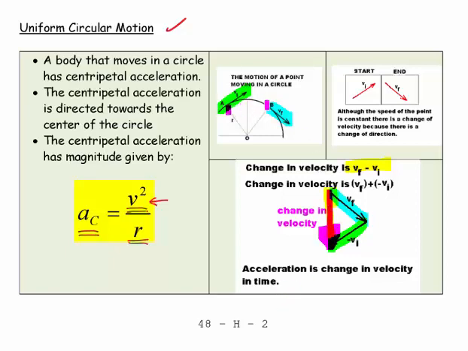Well, by the symmetry we can see that, oh yeah, that centripetal acceleration points to the middle of the circle. So we have this thing called centripetal acceleration. It's got a magnitude given by the velocity, or if you like, the speed squared over the radius of the circle. And its direction is always pointing towards the middle of the circle.